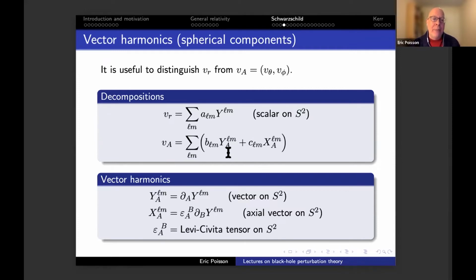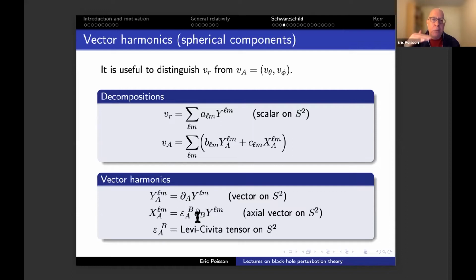But now my vector basis is two-dimensional because, again, I focus on the directions defined on the sphere only. And here I distinguish between the gradient construction that I had defined previously. That's the YA that we have here. And the XA that I defined here is basically the cross product construction that I had previously, except that I'm re-expressing it slightly differently in terms of the permutation tensor defined purely on the sphere.